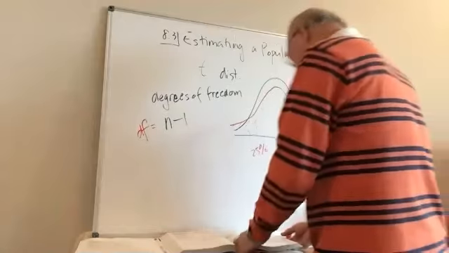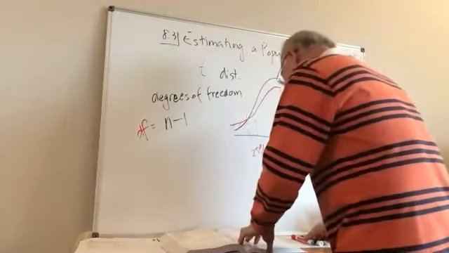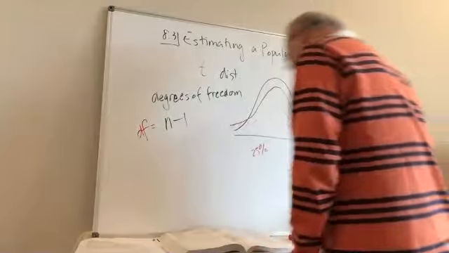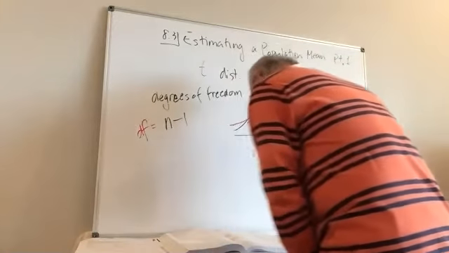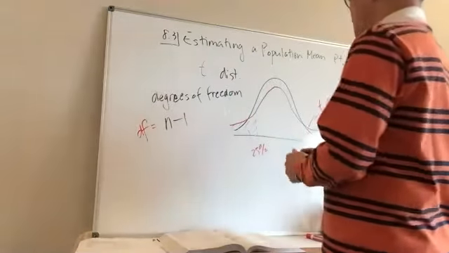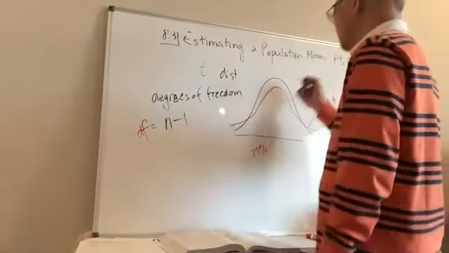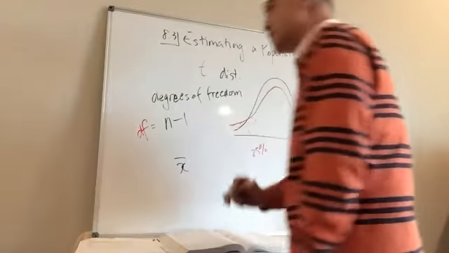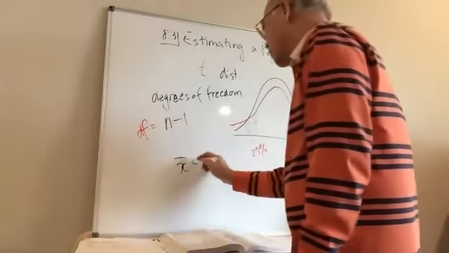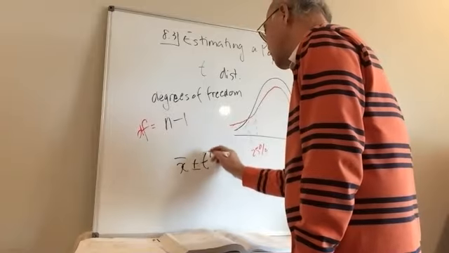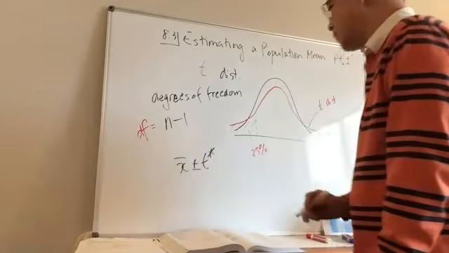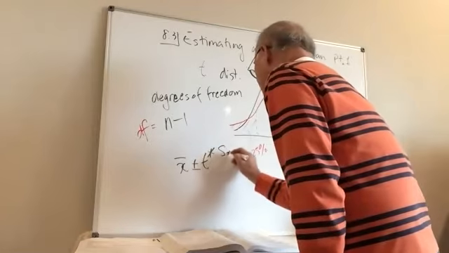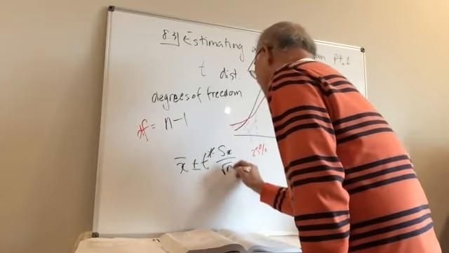Let's go back to our book. If you go to the bottom of page 529, it shows you how to construct a confidence interval. It has the X bar, because X bar is an unbiased estimator, plus or minus a T critical value, which we just looked up, and then s over the square root of n.